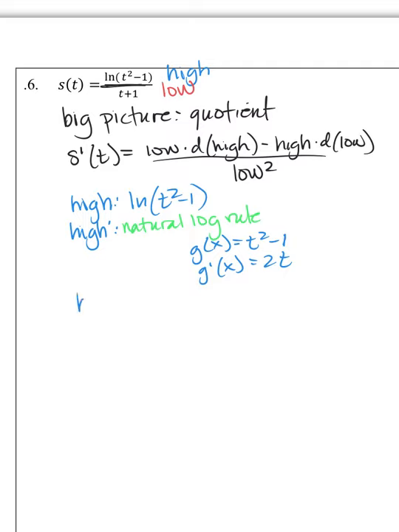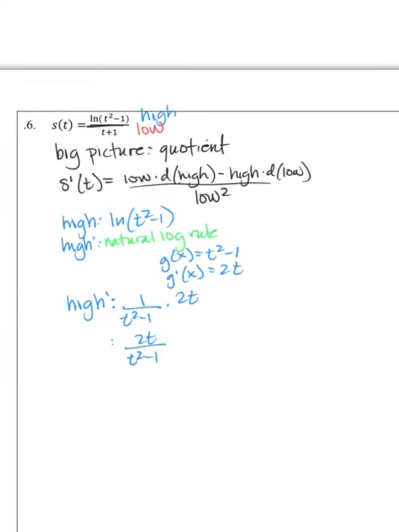So the derivative of the high function is going to be 1 over g of x times the derivative of g of x, which is 2t. So to just clean that up, we would have 2t over t squared minus 1. So that's the high part of the quotient rule.